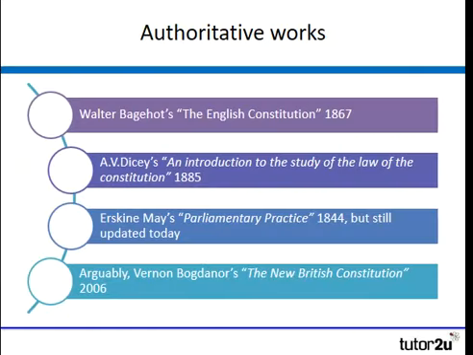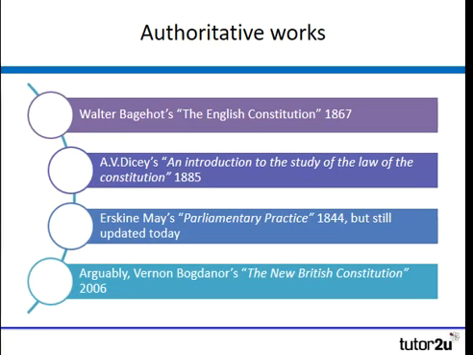Works of authority. The top three on the list there are authoritative works that all students need to know the authors and the names of. Just take a moment to look through those. Bagehot's English Constitution and Dicey's Introduction to the Study of the Law have remained unchanged since their introduction.